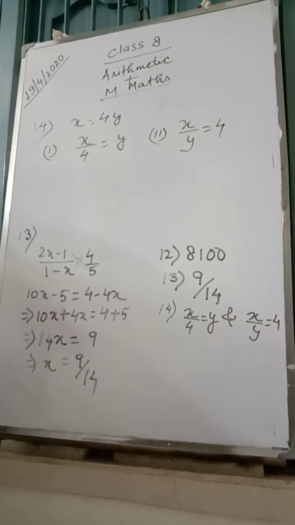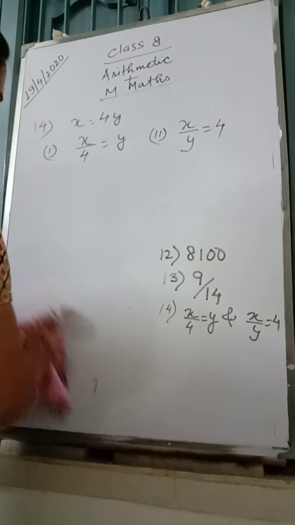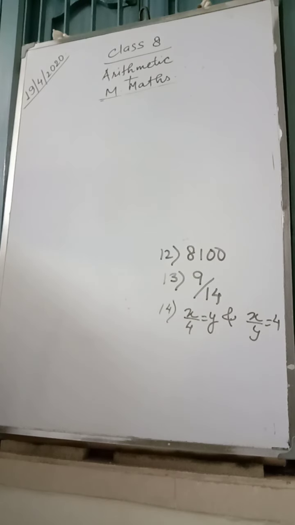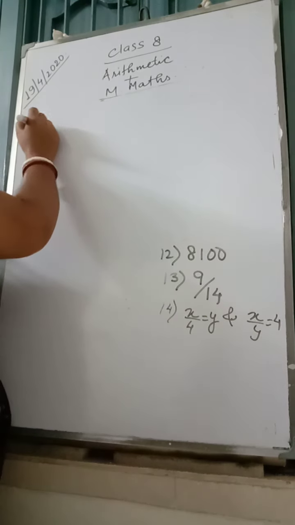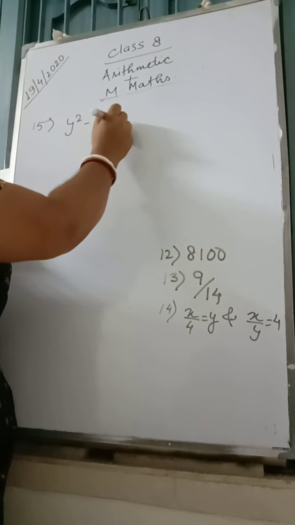Number 15, y square minus 2y minus 3 expressed as a product of linear factors. Yesterday I told you how to break it, and it was told to practice. If you have practiced, you can solve equations like this well. Look at number 15. It is given y square minus 2y minus 3.